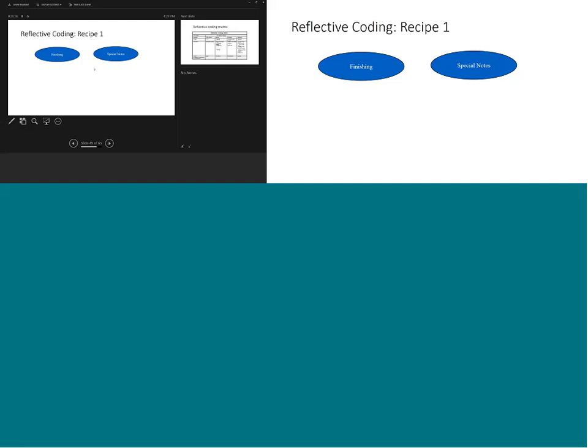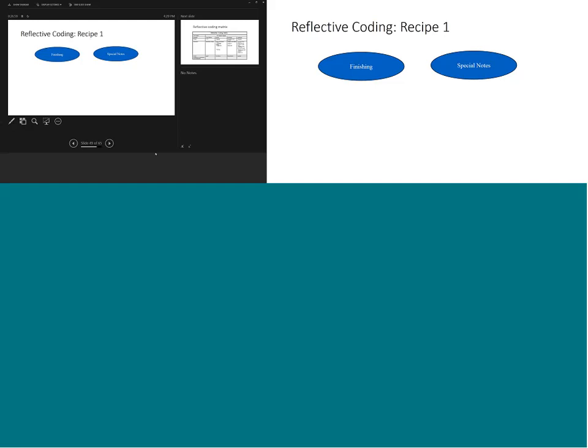And this is a neat trick that I want to tell anybody that's thinking about doing this. The way this works is you need to do open coding and then reflective or axial coding with each transcript one at a time, and then begin to move towards the reflective coding matrix.